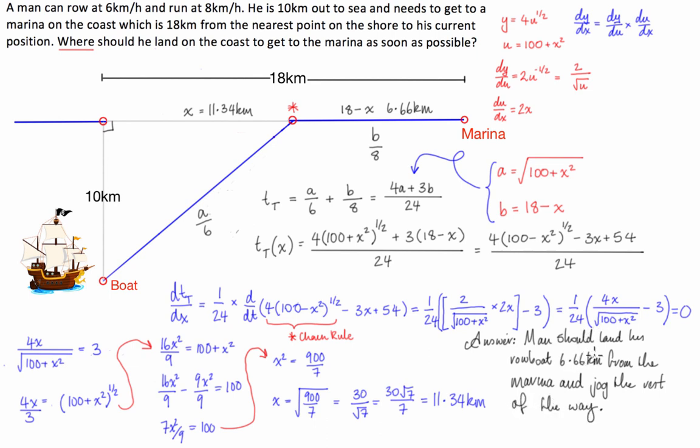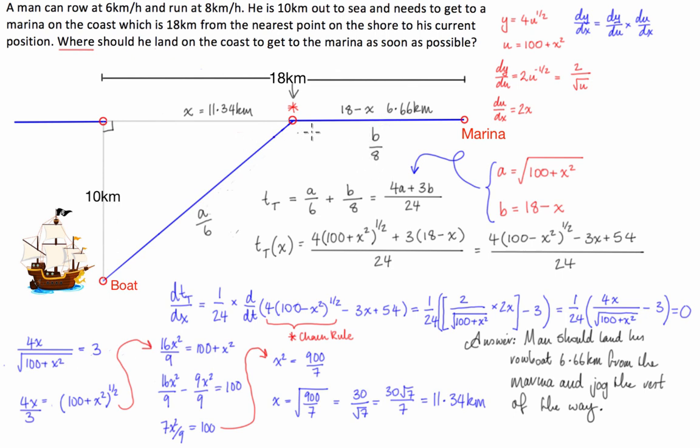Cool. So as you can see, guys, the big parts of this are, number 1, evaluating what you actually have to figure out. Here we're asked to decide where this point is. The next thing I thought was important was dividing this journey into 2 parts, A and B. I then figured out how I could work out the time spent doing each part of the journey by dividing the distances A and B by the speeds he could accomplish whilst rowing his boat and whilst jogging towards the marina.